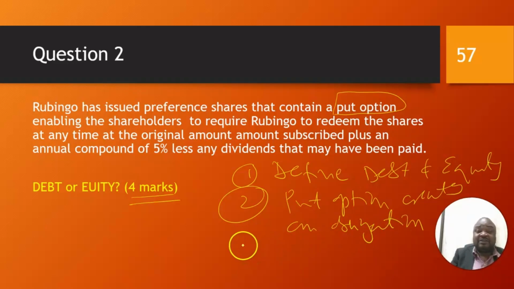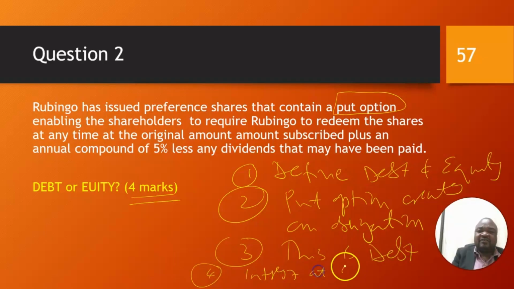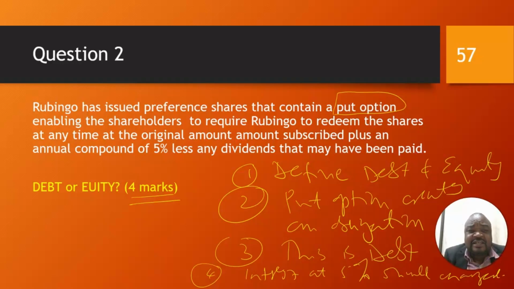If there is an obligation, what next? Therefore, you need to conclude that this is debt. And if it is debt, interest at 5% should be charged, less any dividend that might have been paid. Then you pocket your 4 marks, isn't it? So, guys, that is it.